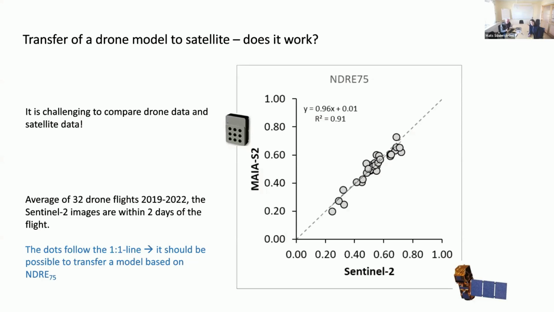But if you start averaging, we think at least, it will give you the general correlation. So in this case, it looks really nice actually if you do this averaging. So with this index, the NDRE based on bands 7 and 5 in this case, is very well correlated between the Sentinel-2 and Maya S2. So that's one of the indices that was best in Kristin's list also. So that's actually used in the system.